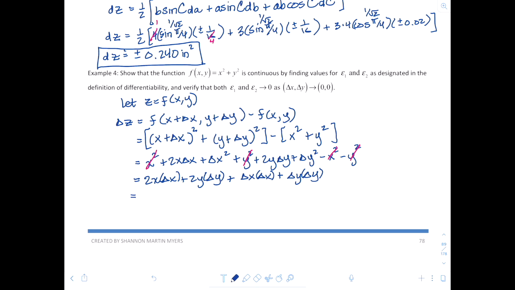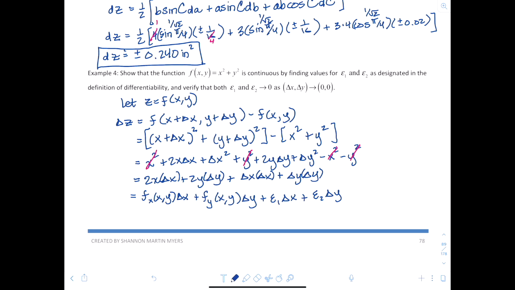So isn't this equal to fx of x and y times delta x, plus fy of x and y times delta y? And then what if I were to let epsilon 1 be the delta x multiplier, and I'll highlight what I did, and then epsilon 2 be the delta y multiplier.